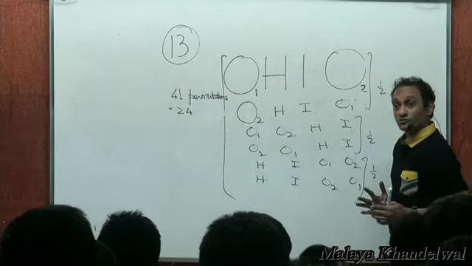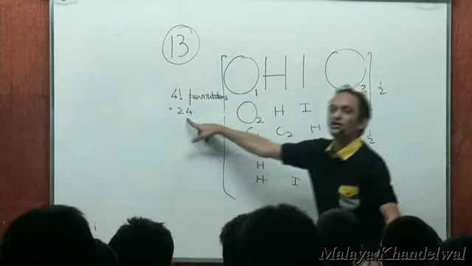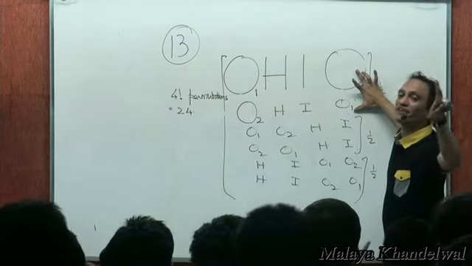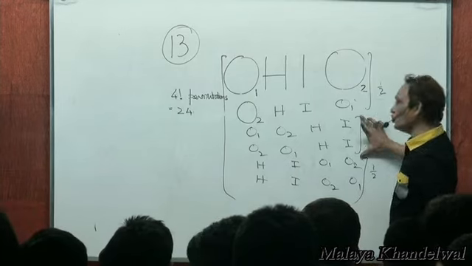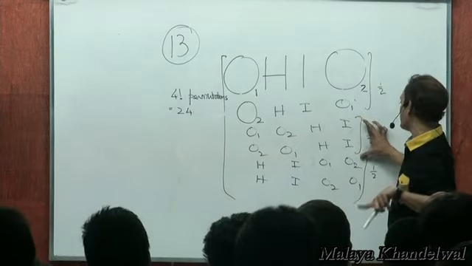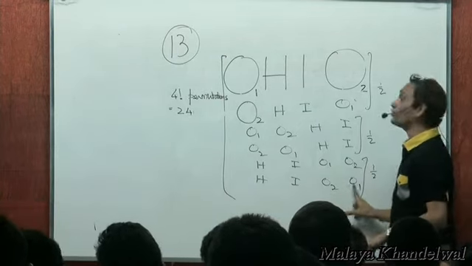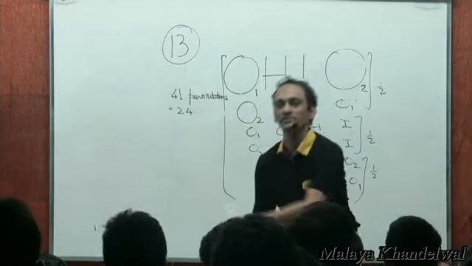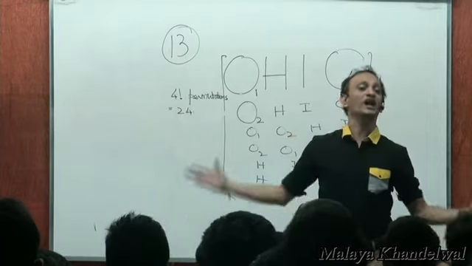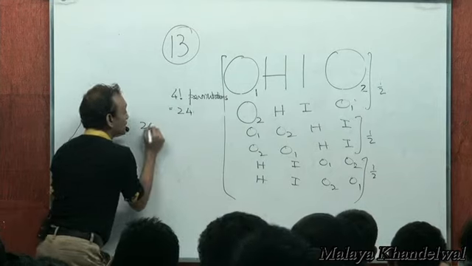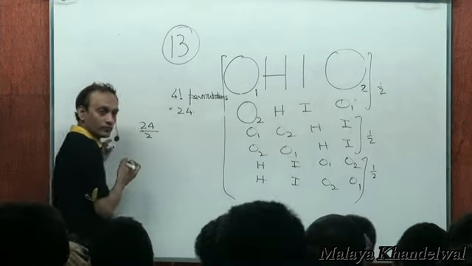The actual count would only be half of 24. Why? Because for every 2, there is only one count which is relevant. Why? Because O1, O2 are indistinguishable. They are the same. So then the actual count should have been 24 divided by 2.